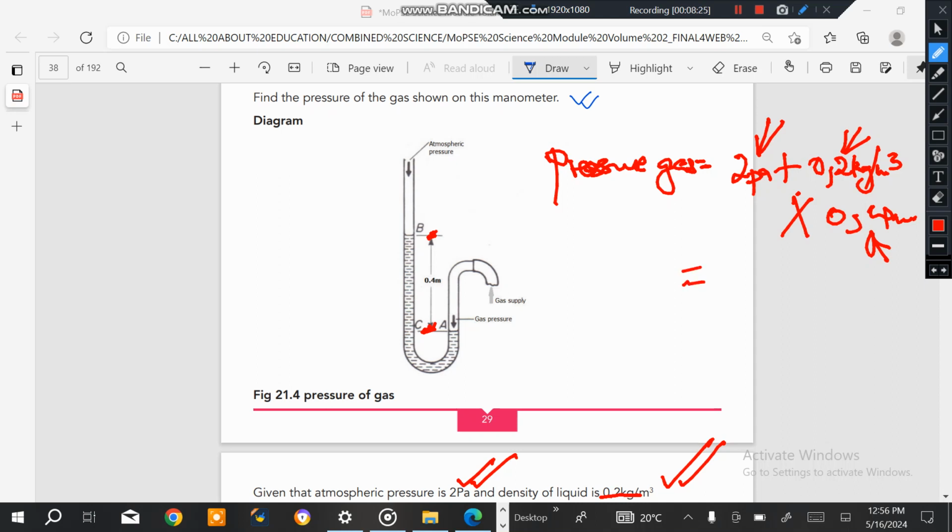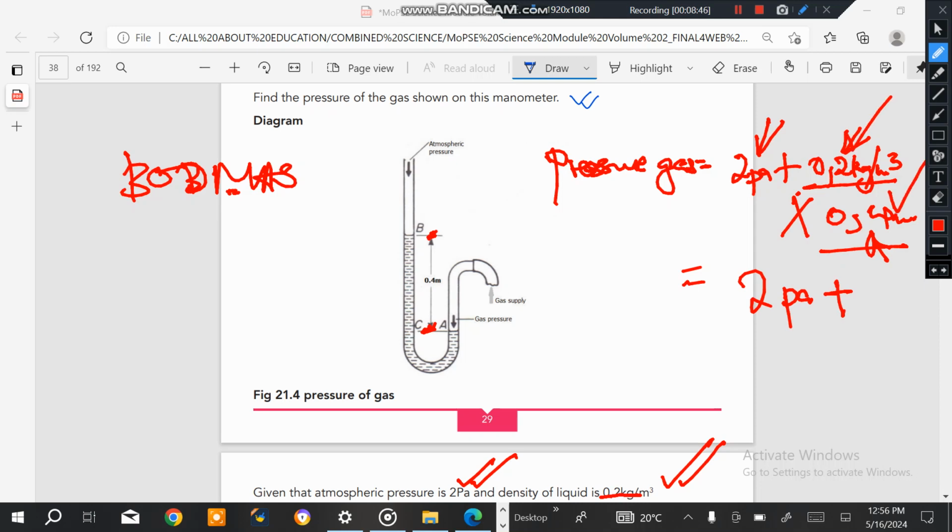Always remember that body mass says multiplication first, then after multiplication, addition or subtraction can follow. So you multiply this part times this part, and you are going to get 2 Pascal, which is atmospheric pressure, plus 0.8.